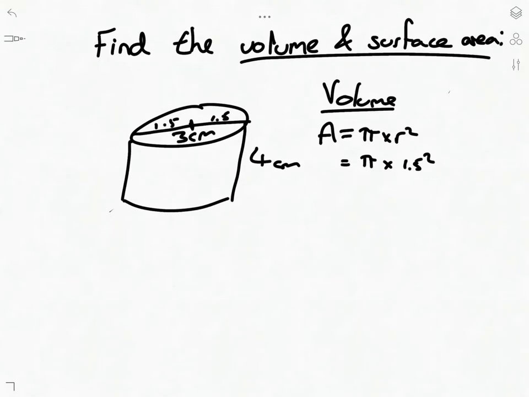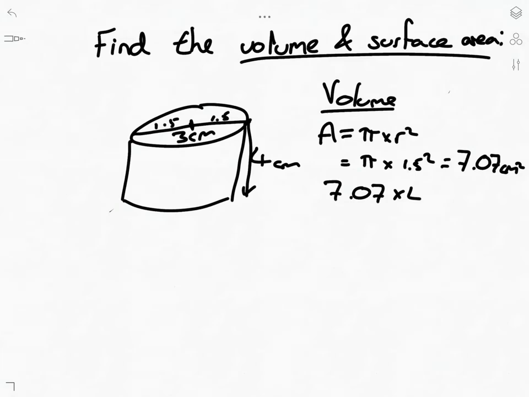So type that in your calculator. 1.5 squared is 2.25 times pi, 7.07 rounded, centimeters squared. And then we just times that by the length.